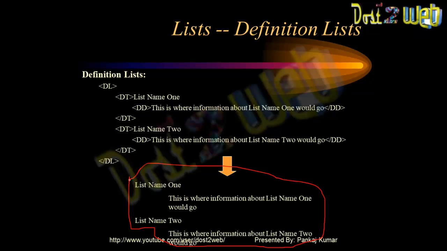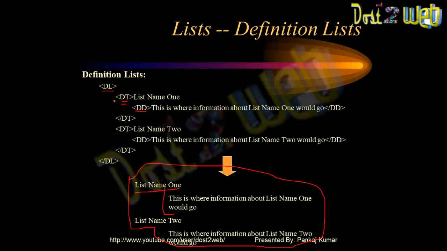For a definition list, you have to use the DL tag. If you want to define the first list, then you have to use DT. You can see here list name 1, it is coming, and inside that again you have a subtopic, right? It needs to start from here. So for that you have to use the DD tag. You are defining the definition here.